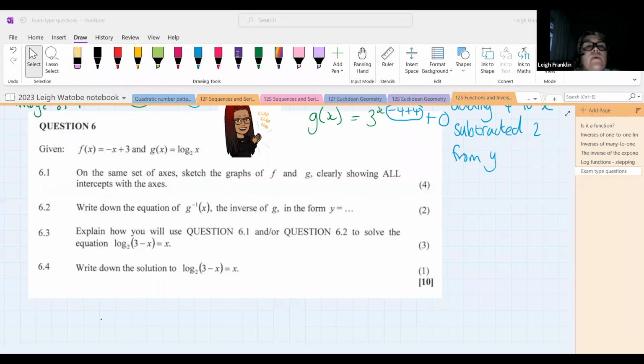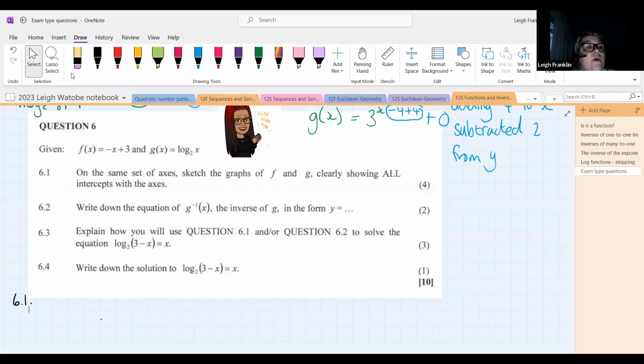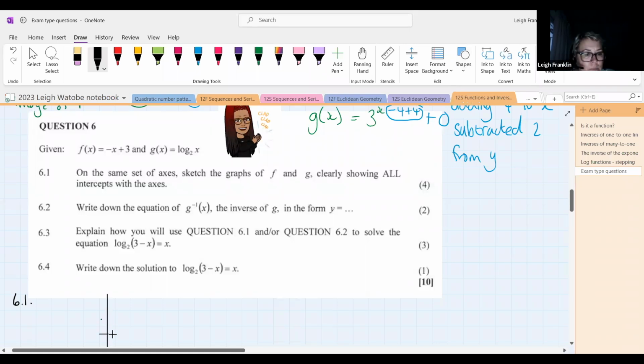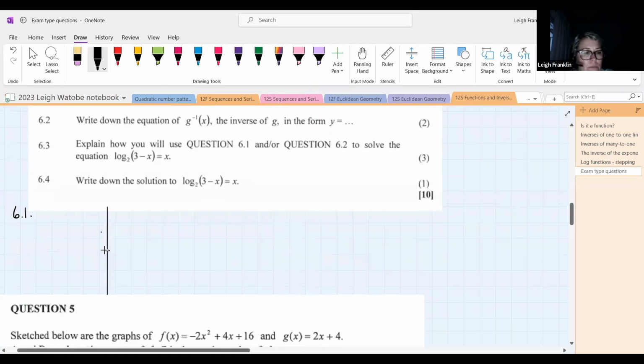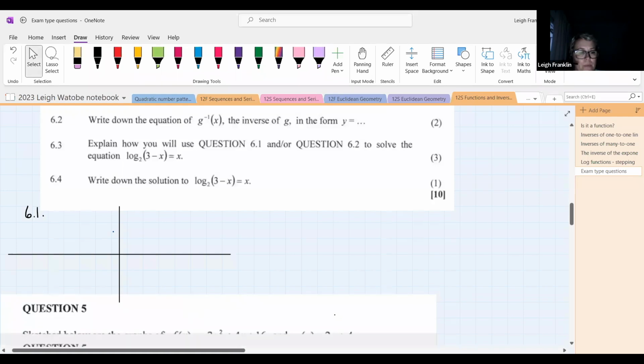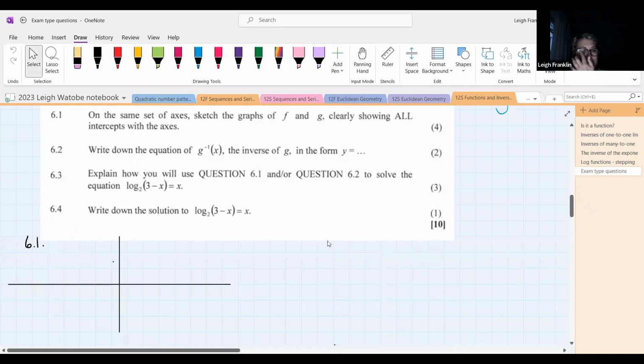Let's get ourselves a set of axes, and then we can talk about how we are going to do this. Maybe what I should do here is move this question down a bit. Let's get it out of the way. There we go.